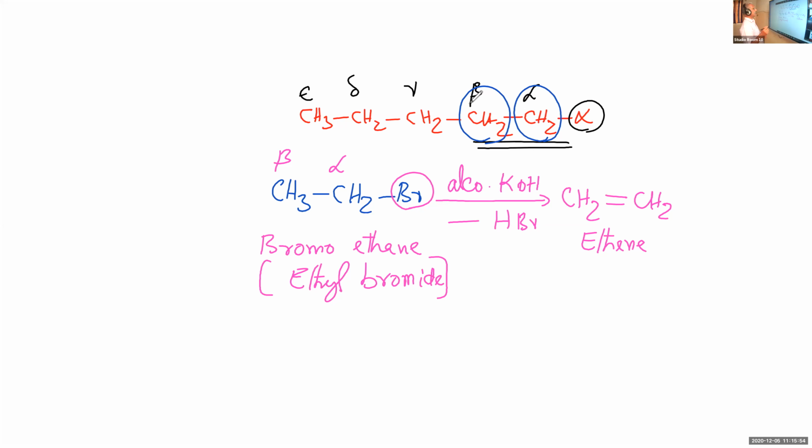So remember, during the elimination of HBr, the beta hydrogen is eliminated. There is a beta carbon and there is a beta hydrogen also. The beta hydrogen is eliminated.